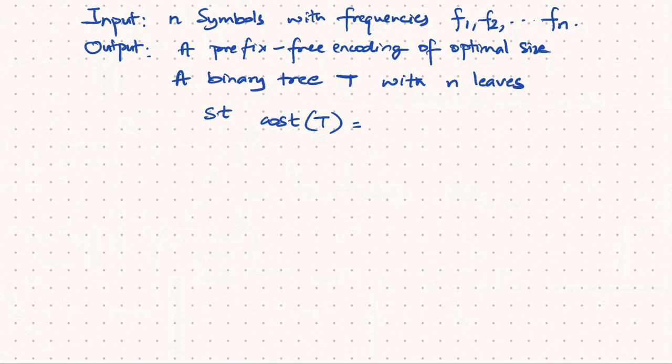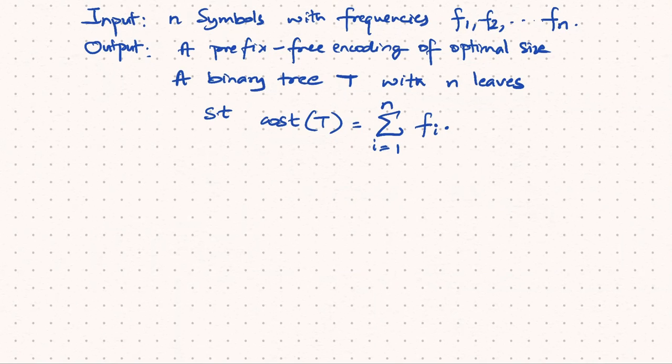For each symbol we have to compute the product of its frequency with the length of its encoding. That's what we did for the initial example. What would be the length of the encoding in this case?